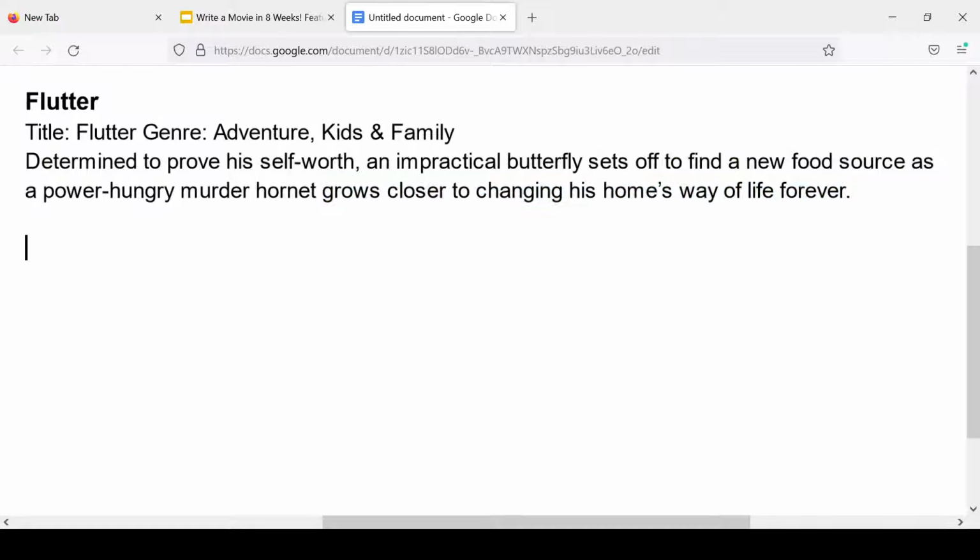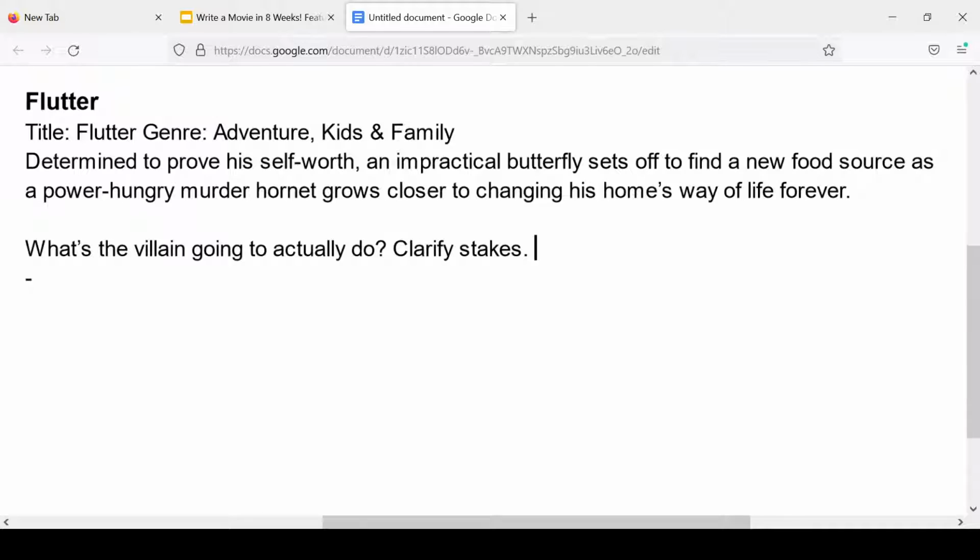As a power-hungry murder hornet grows closer to changing his home's way of life is pretty non-specific. So can you be more specific with the stakes? What's the hornet going to actually do? She's looking to be the heir to the throne of this particular group of insects, just based on previous accomplishments, if that makes sense.